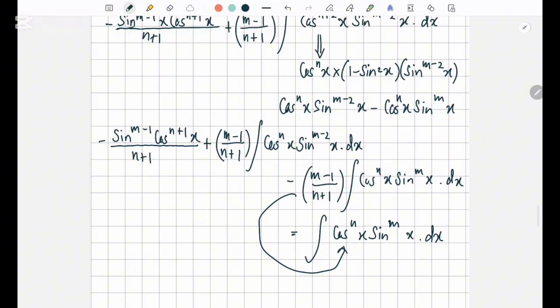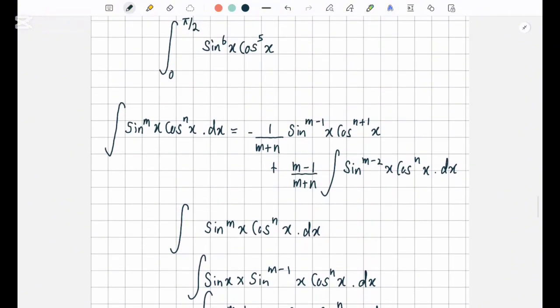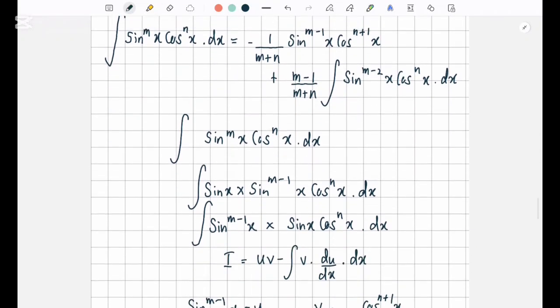I think this is what they give, right? Yep. So therefore we proved the reduction formula, and that's good.